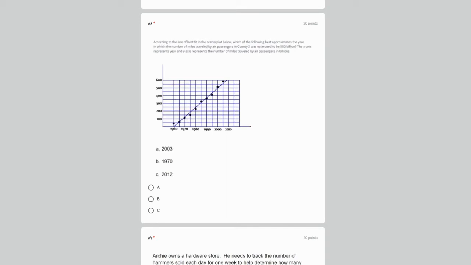The x-axis represents year, and the y-axis represents the number of miles traveled by air passengers in billions. Is it A, 2003, B, 1970, or C, 2012?